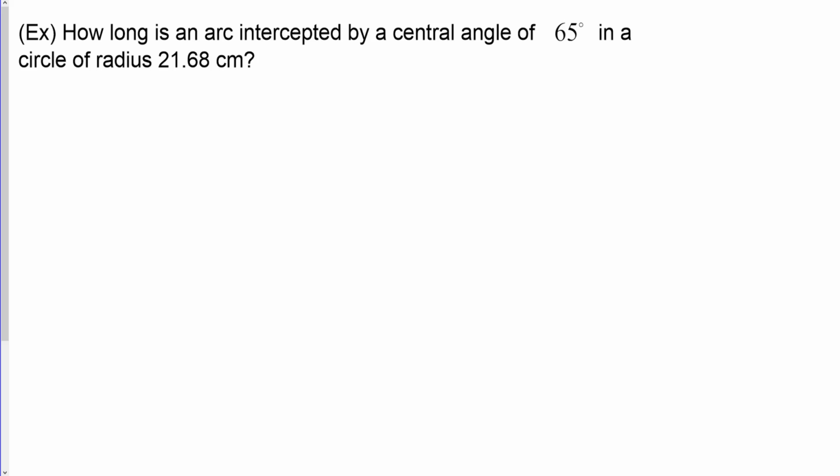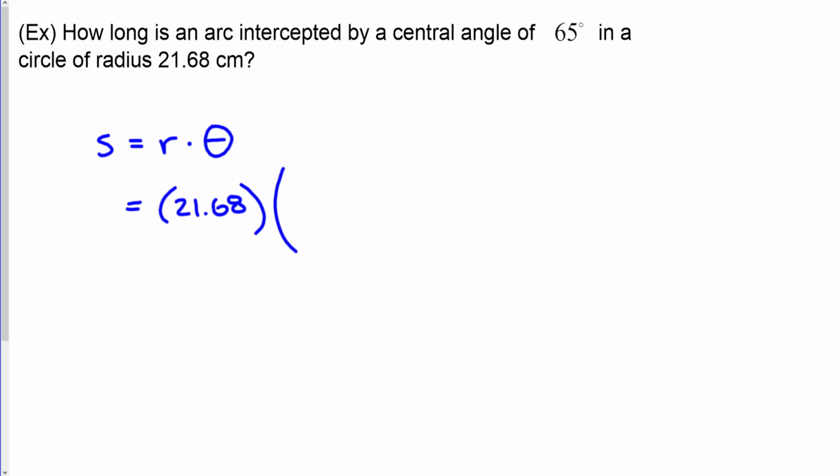How long is an arc intercepted by a central angle of 65 degrees in a circle of radius 21.68 centimeters? Well, again, the arc length is the radius times theta. The only issue is theta needs to be given in radians and not degrees.